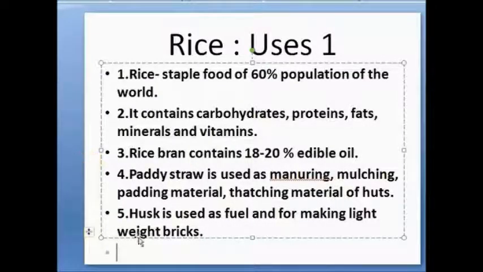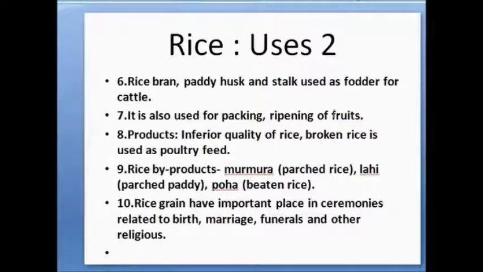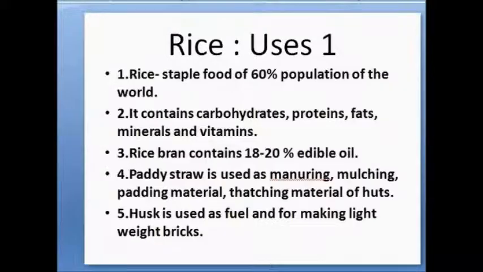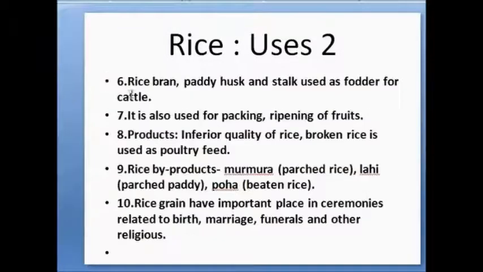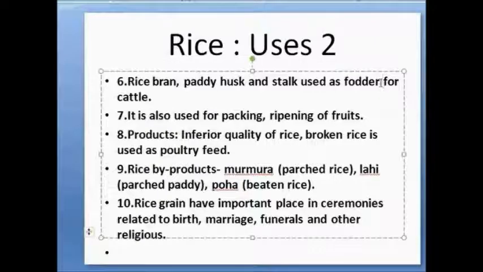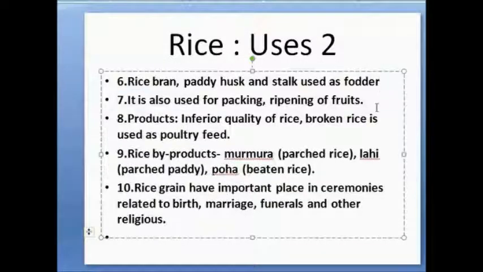Now let us see other uses of rice also. We have just studied that rice bran is used. Now the paddy husk is also used. Another thing is that the husk of paddy is also used as fodder to feed cattle, because this husk has soft, most palatable tissues, so animals can chew it easily and digest it.